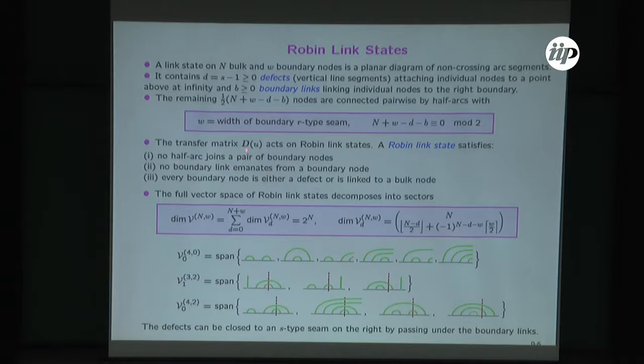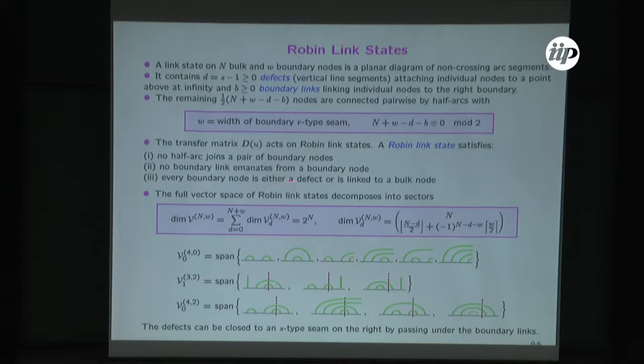So the transfer matrix D will act on these Robin states. And again, I stress there are no half arcs joining a pair of boundary nodes. No boundary link emanates from a boundary node. So this red dashed line separates the n bulk nodes from the boundary nodes.